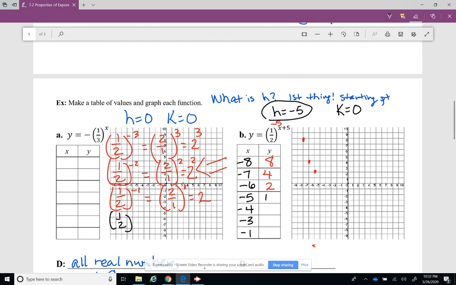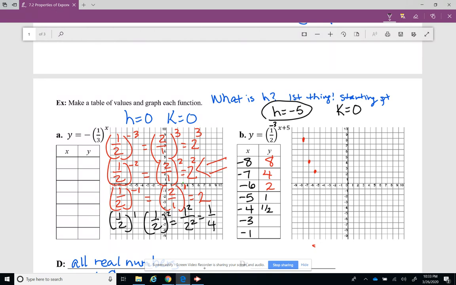All right, let's do 1/2 to the negative 4. So negative 4 plus 5 is 1. So that's just going to be 1/2. All right, so we're going to do negative 3. Negative 3 plus 5 is 2. So 1/2 to the 2. You have to do 1 squared and 2 squared.